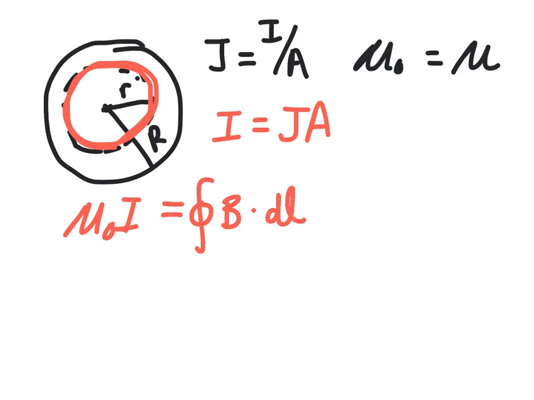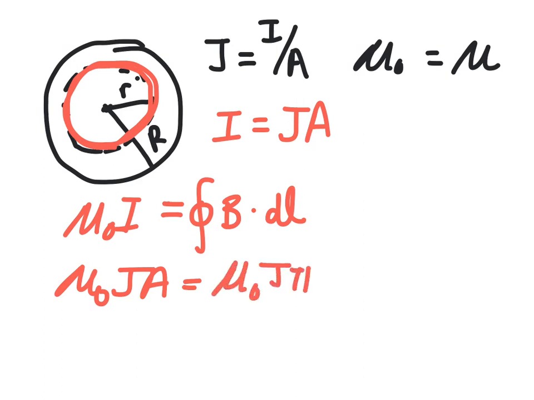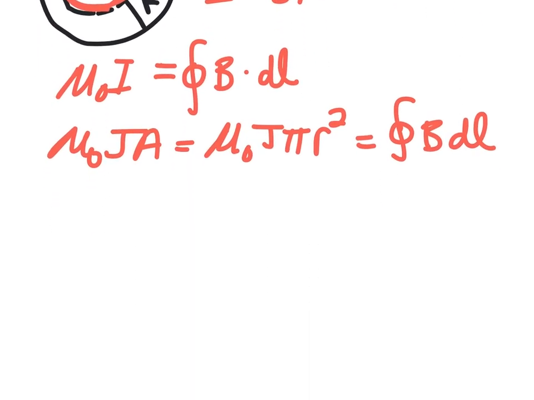Now I'm going to substitute the JA in here. Let's expand this one more time: mu naught times J times pi r squared, because that is the area, is equal to this. Now we know that the angle is 0, which is why I got rid of the dot product, and the cosine of that is just 1. So that's great.